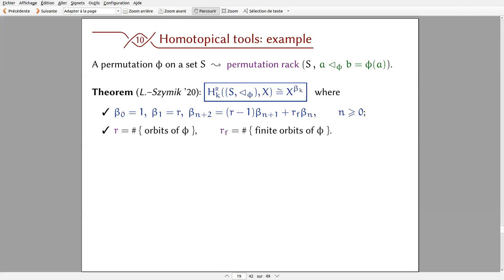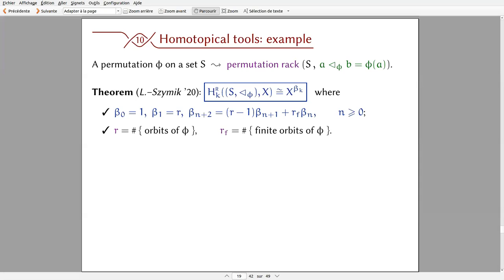Now our main result gives you the entire homology of these permutation racks. The first comment is that we prefer to work with homology rather than cohomology, but it can all be translated to the cohomological language and the result will be identical, because the groups you have are all free abelian groups. Also, if you prefer, you can take the coefficients to be just integers, if it's easier for you.